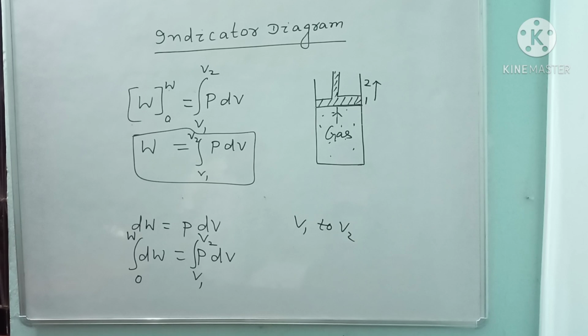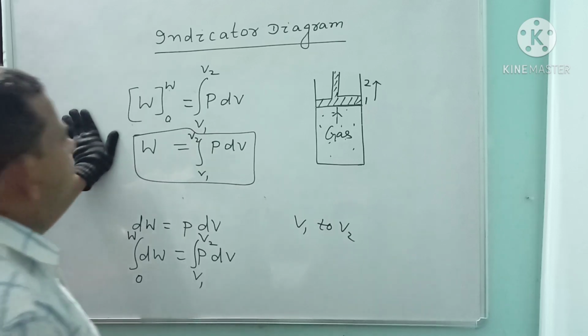Now the next part is, what is the work from this graph? I have already told you work done can be obtained by taking the area bounded by this graph with your volume axis. That I have already explained.